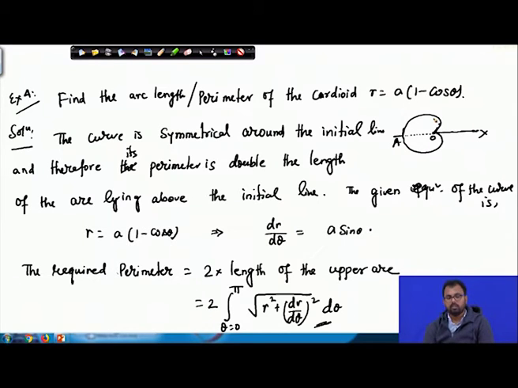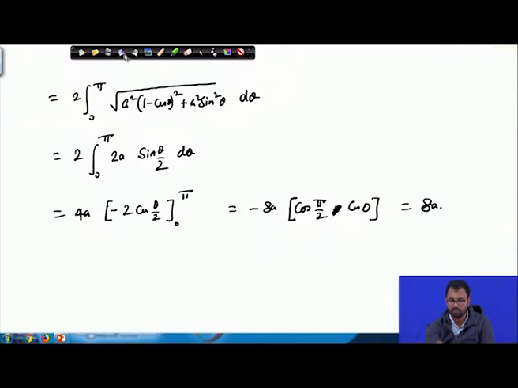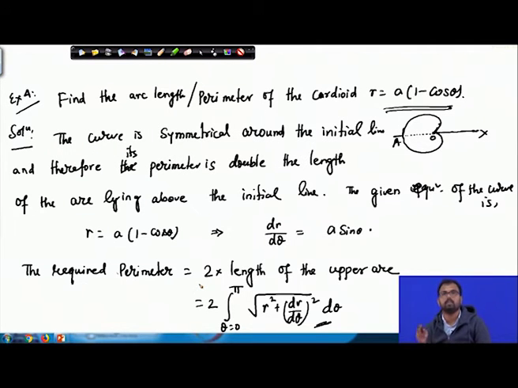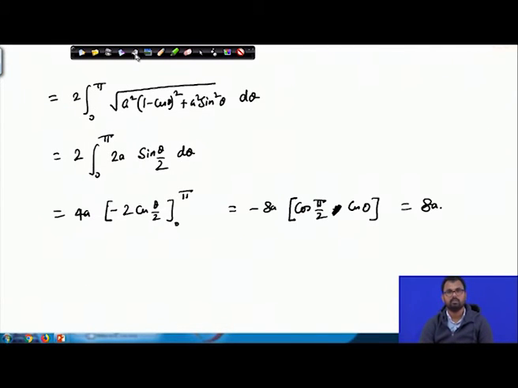Here the given equation was in the polar coordinate system, and using it we were able to calculate this arc length here, multiplied by 2, and that will give you the whole perimeter of the cardioid.